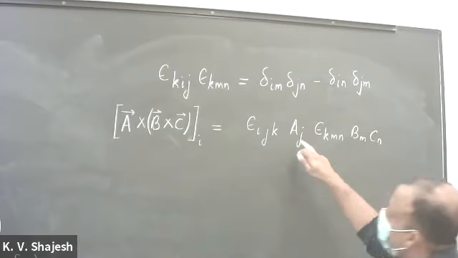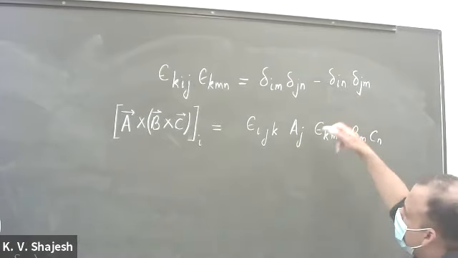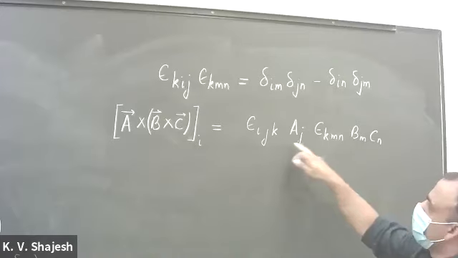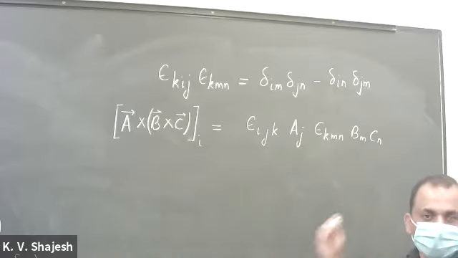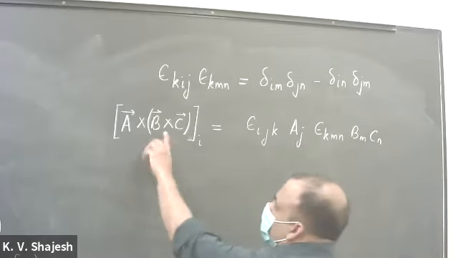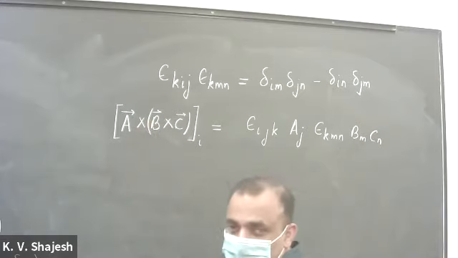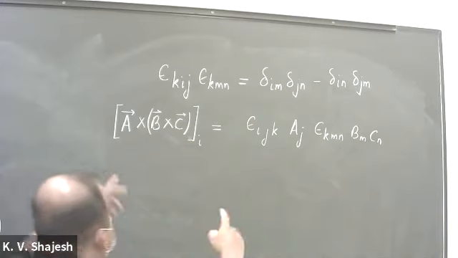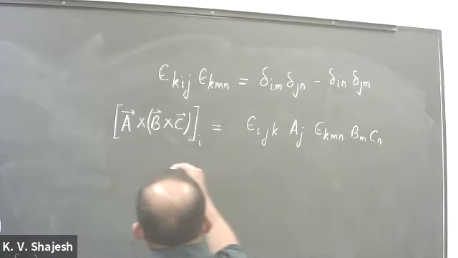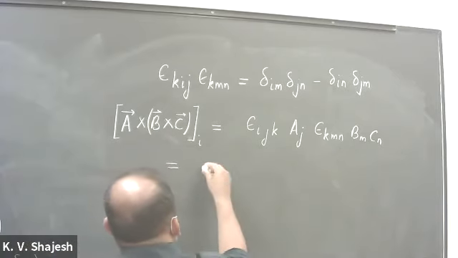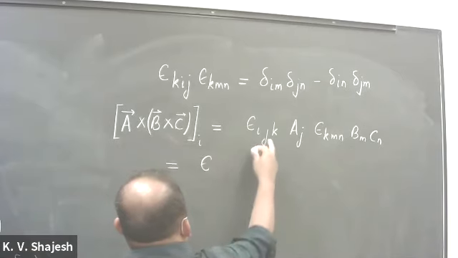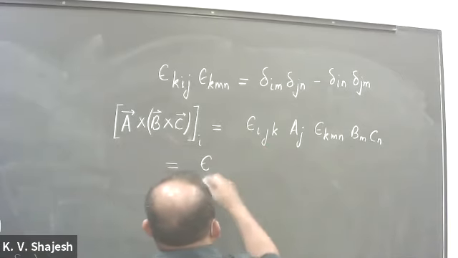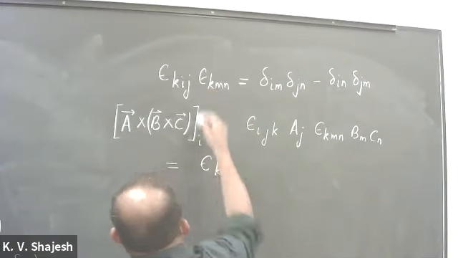Once you write it in this form, understanding is that for every free index, these are numbers, you can move things around. Like here, you cannot move things around, right? A cross B cross C is not the same as B cross C cross A. The order matters, parenthesis matters. Here, it doesn't matter. So you immediately say this is epsilon. I again move the K 2 times just so that I can match with that.